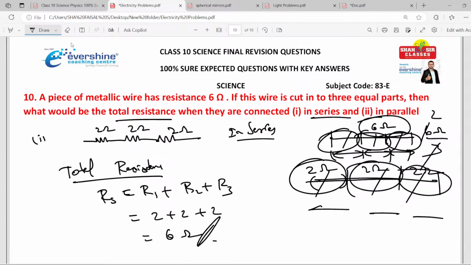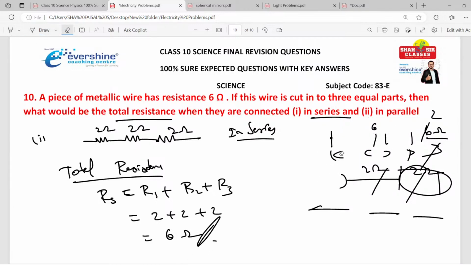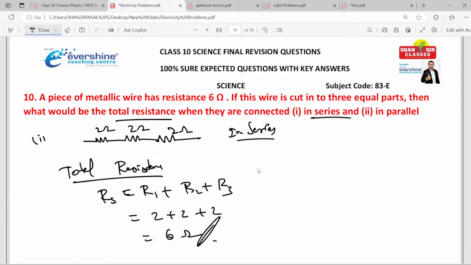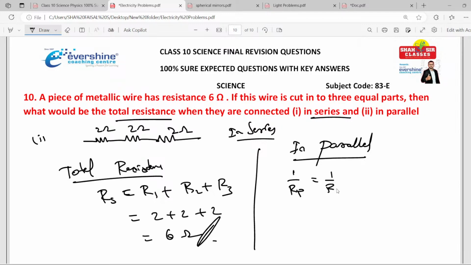When we connect them in parallel, what happens? Second case, understood? In parallel, 1 by Rp is equals to 1 by R1 plus 1 by R2 plus 1 by R3. That's nothing but 1 by 2 plus 1 by 2 plus 1 by 2. Take the LCM 2.